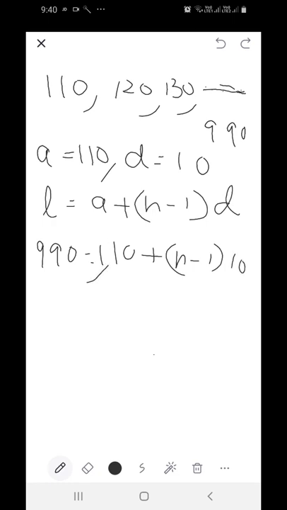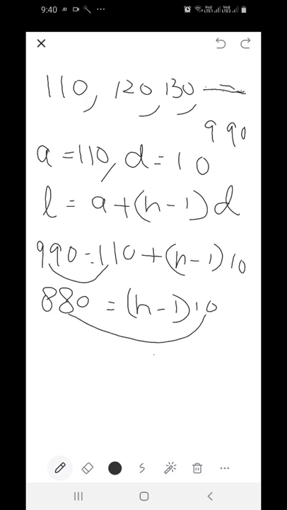Transpose this first to the left. It will come out to be 880 after subtracting, is equal to N minus 1 into 10. Now transpose this. It will come out to be 880 upon 10 is equal to N minus 1. This cancels.